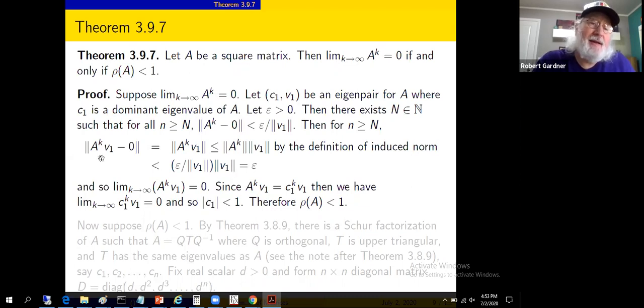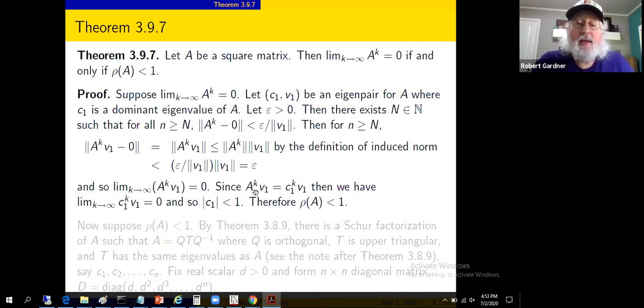That's saying the limit of this sequence of matrices is that matrix. The limit as k approaches infinity of A to the k v1 equals 0. That 0 is a column vector, technically.